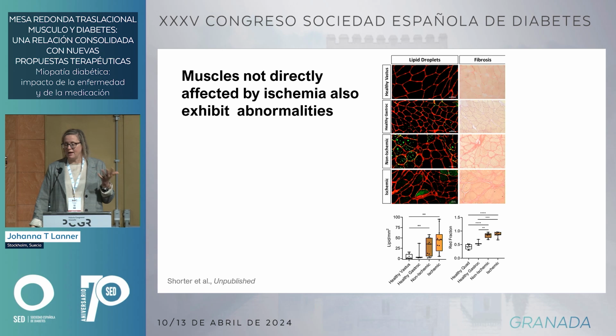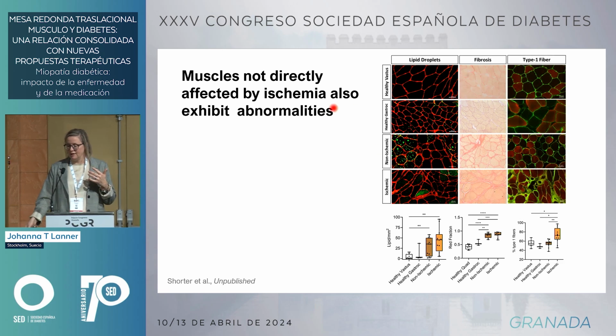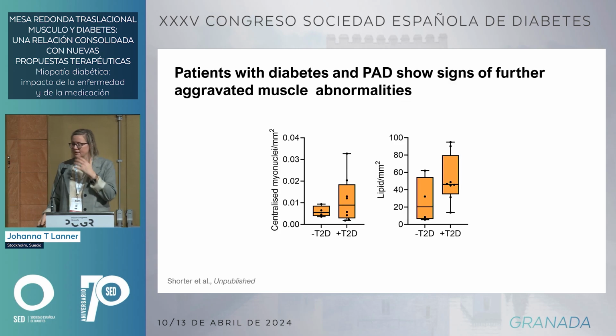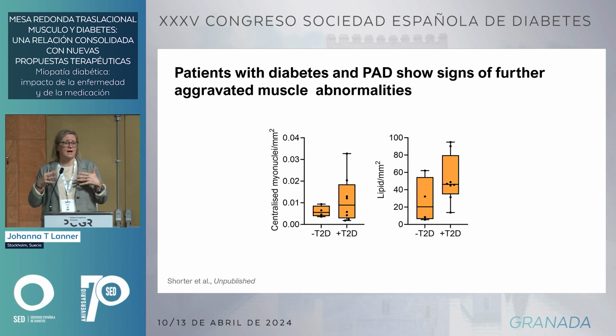We see the same pattern for lipid accumulation, fibrosis, and the change in fiber type composition. So this myopathy is not only local to where you have your insult, but also global. We have only imaged 7; we have more samples in the freezer.